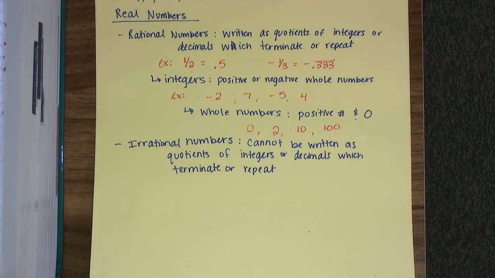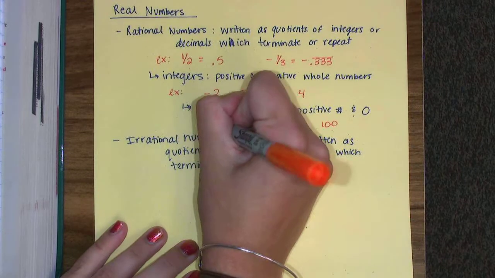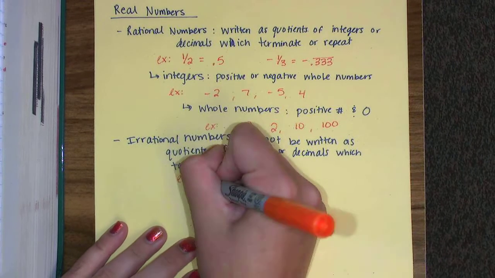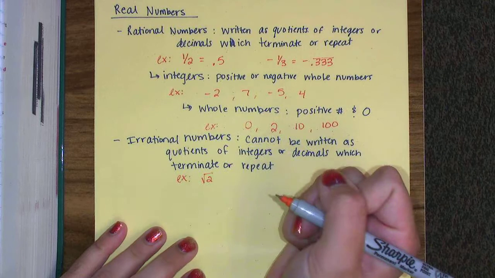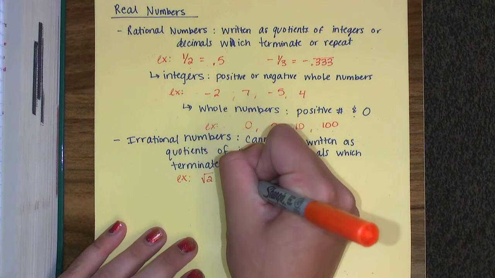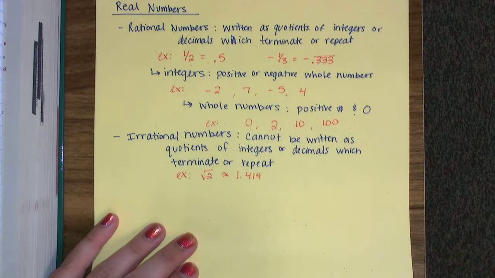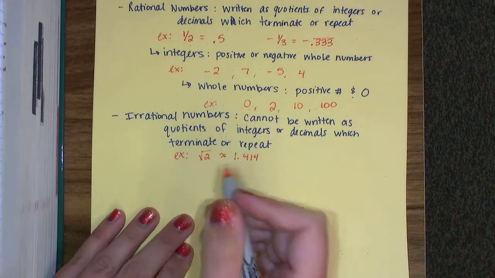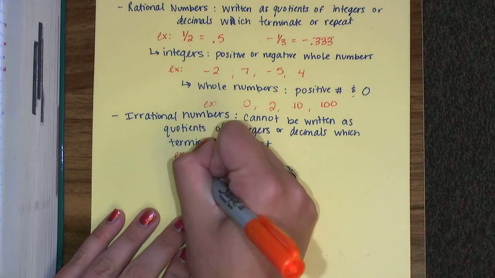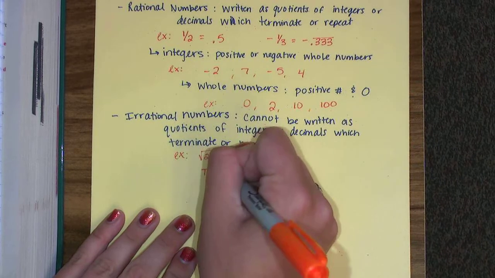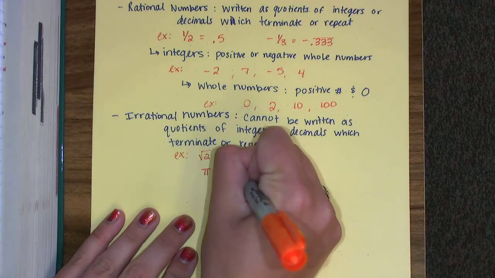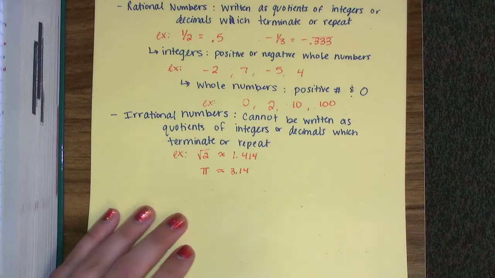So some examples of irrational numbers are the square root of 2, which, just in case you need to know, is approximately 1.414. Pi, which we know is 3.14, and so on.